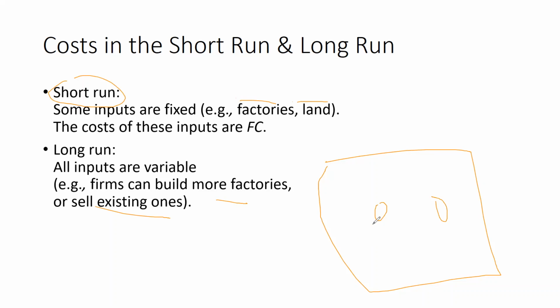If you have been renting chairs, you have already rented the chairs to fill the room. If only 2 students come, you still switch on the light. You still fill the room with chairs. That's the short run. Some input is fixed. That's the classroom is fixed. In the long run, all inputs are variable. You are able to get a smaller class if there are only 2 students.